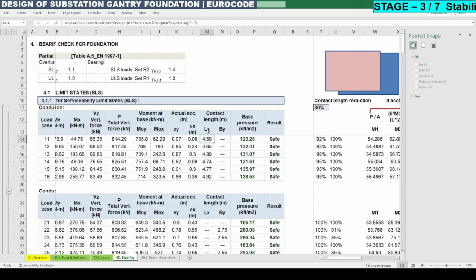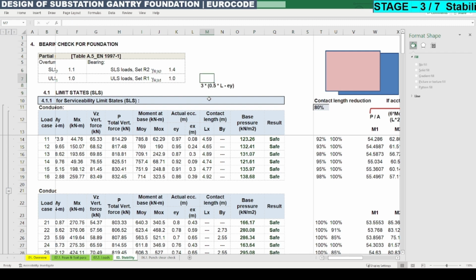So if the case Ey is greater than the 0.83, which is calculated already as the limited eccentricity L by 6, then we need to use this formula to calculate the contact length. This formula is nothing but 3 into 0.5 into L minus Ey. So this is a simple formula.